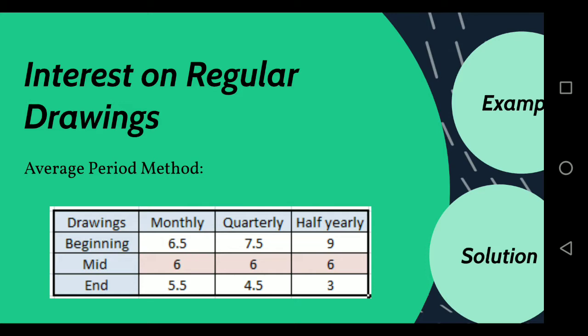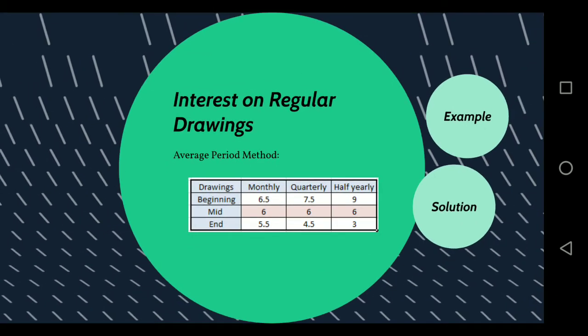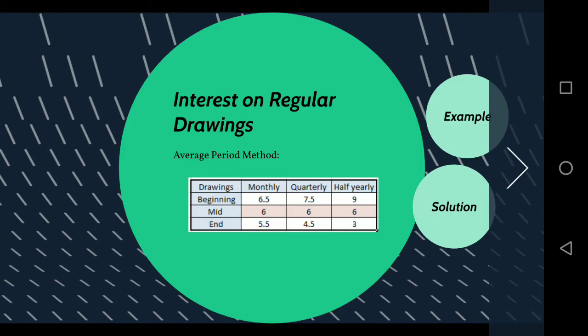So with the help of this table, we can take the average period and calculate interest on drawings. Let's understand this with the help of an example. These are the average periods which are to be taken for calculation of interest.